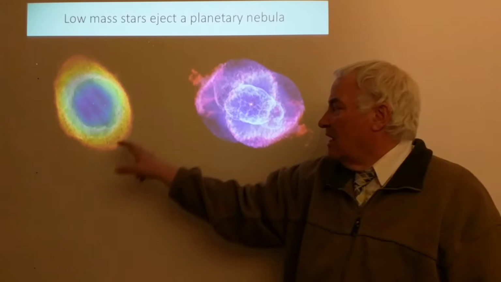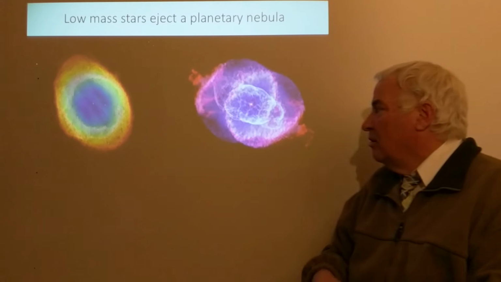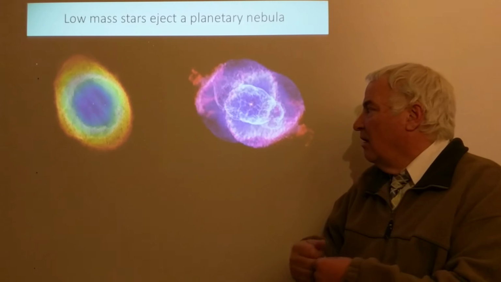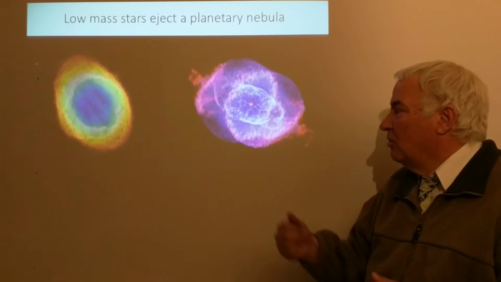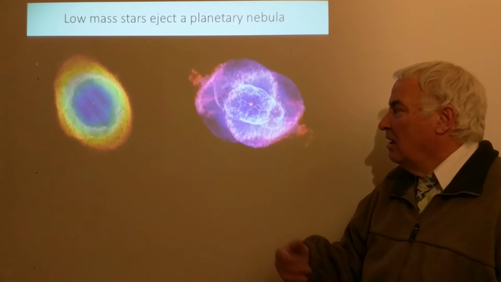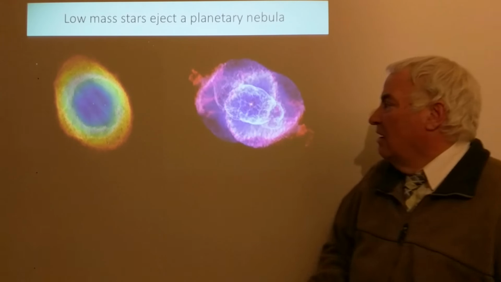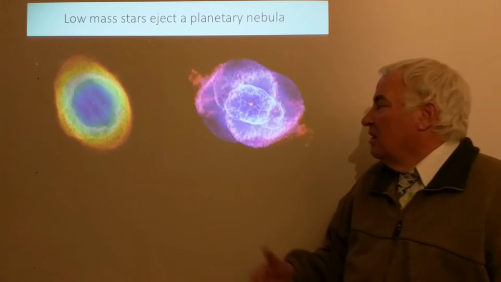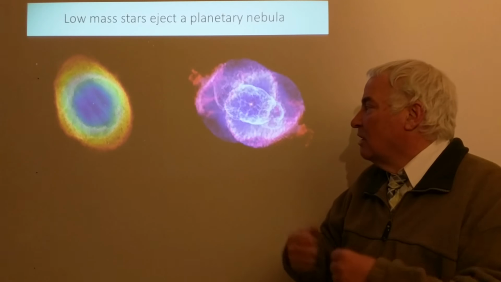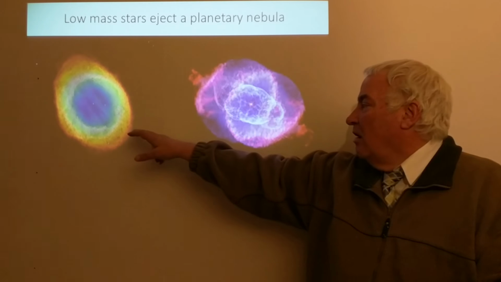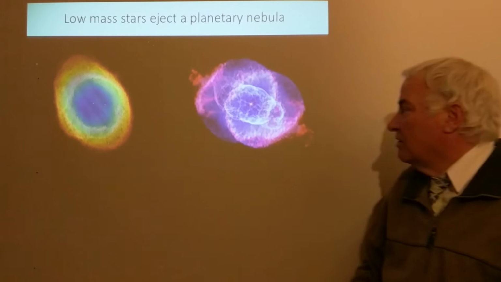So this is kind of like a neon sign. The ultraviolet light breaks the atoms apart, the electrons separate from the nuclei of the atoms, hydrogen, oxygen, and such that is in the gas, and the recombination as they combine back together, the electrons and protons and the oxygen nuclei with electrons, they produce these colors.